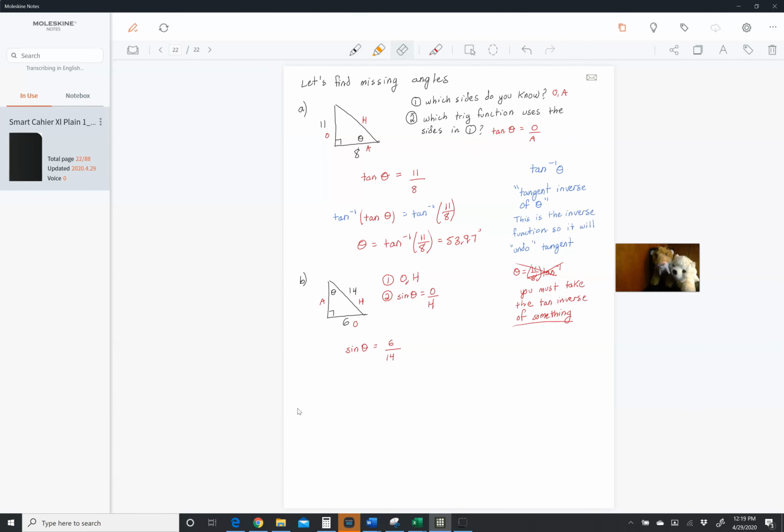And I'm going to do this again, okay? You can skip this middle step here. You don't have to do it every time, but I'm going to do it with this one so that once again you can see what's happening. So what are we going to do? We need to get rid of sine. So in order to get rid of sine, we need to take sine inverse of both sides.